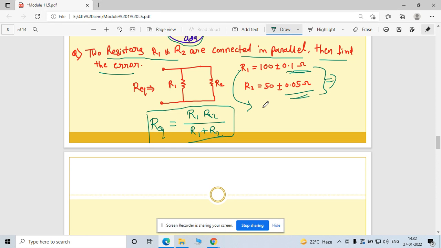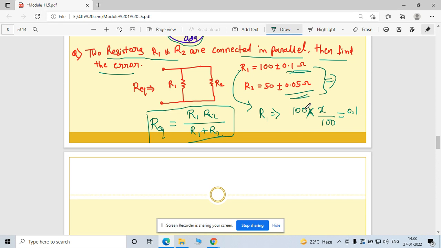So write R1 in terms of percentage error. What is the value of this percentage error? Now see, full scale value, what do you mean by full scale value? Which is given here, right? And this deviation is given to you. So I can say that this is your x percent, which is nothing but your 0.1. We find it like this, right? We saw this in the last class.